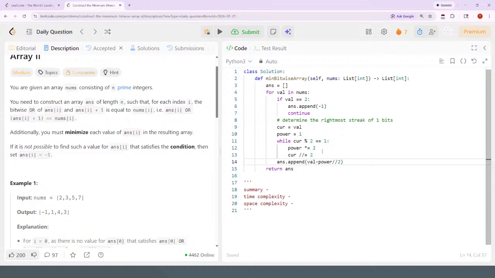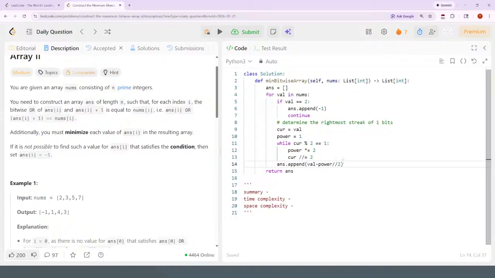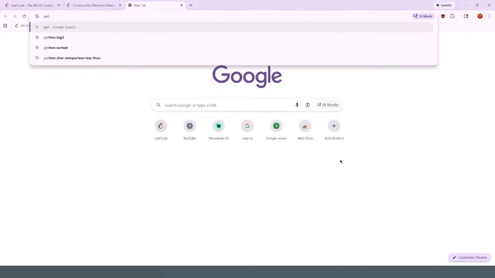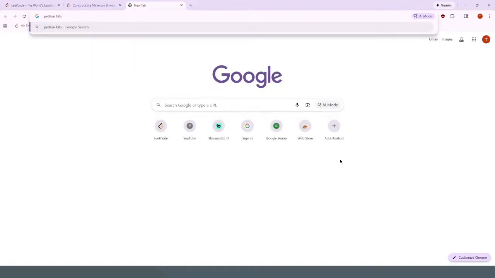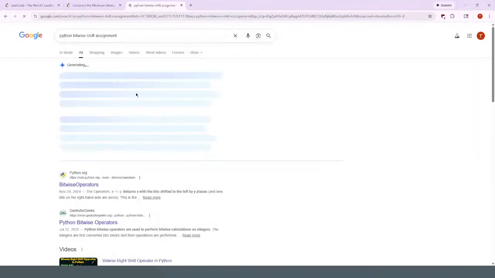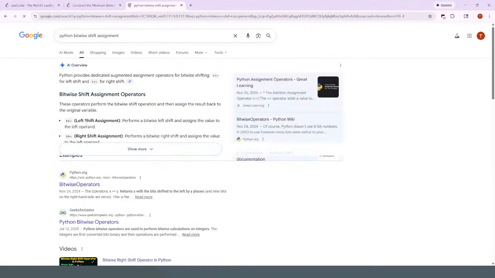Current mod 2 equals 1. Current divided equals 2. I could do the bitwise shift instead here. Is it shift equals?